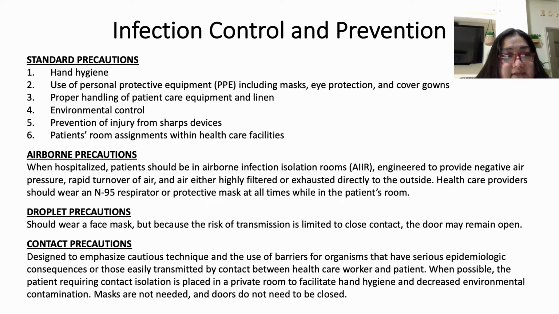So, yung patient, kailangan ng contact isolation, nilalagay siya sa private room to facilitate hand hygiene and decrease contamination. Masks are not needed and doors do not need to be closed. Ano yung examples niya? Yung mga antibiotic-resistant organisms. For example, yung nagsa-spread by skin-to-skin contact or Clostridium difficile.